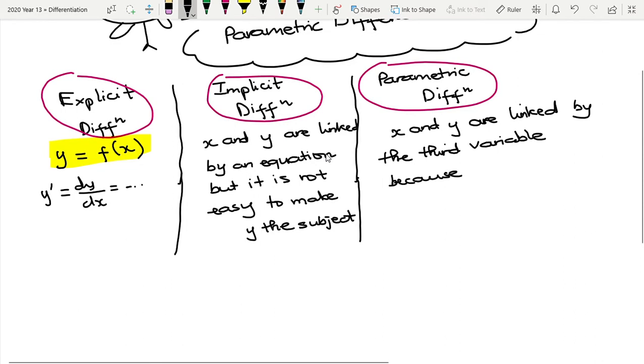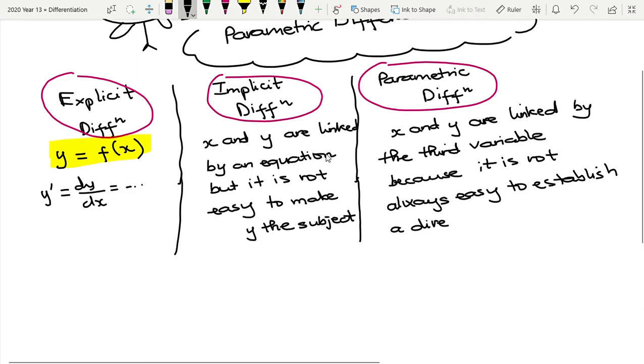So this is the next level, right? Because it is not always easy to establish a direct relationship between x and y.